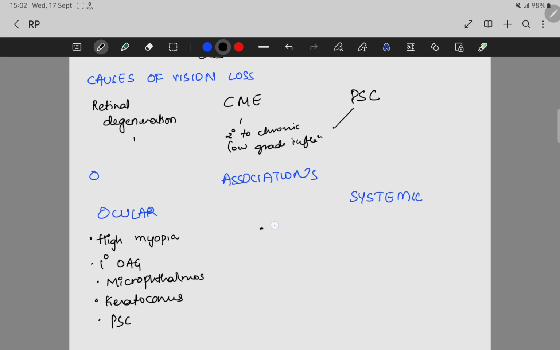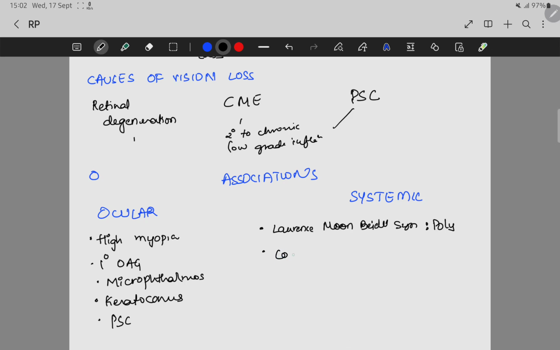And the systemic associations include syndromes like Laurence-Moon-Bardet-Biedl syndrome, in which there is polydactyly, obesity, hypogonadism, and intellectual disability.